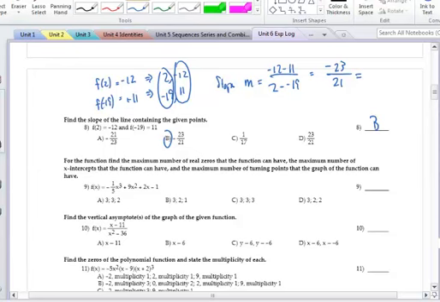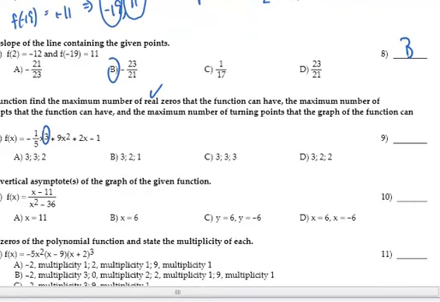Okay, on the next one it says for the function, find the maximum number of real zeros that the function can have, the maximum x-intercepts the function can have, and the maximum number of turning points the graph can have. The maximum number of real zeros is found by looking at the exponent, so our first answer is 3, because the exponent is 3.